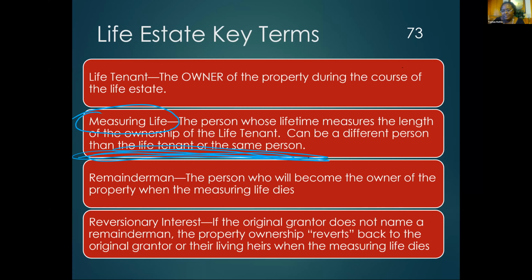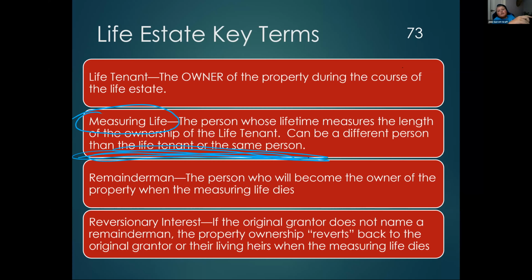Everybody has an heir. So if Michelle dies, and she might, the remainder man could always die before the measuring life does. Well, if she does, whoever is in her will as her heir, they would become the remainder man.